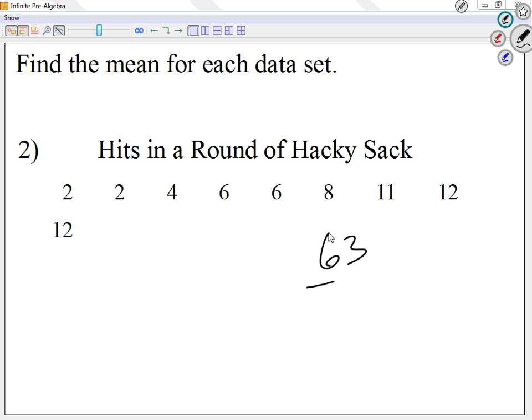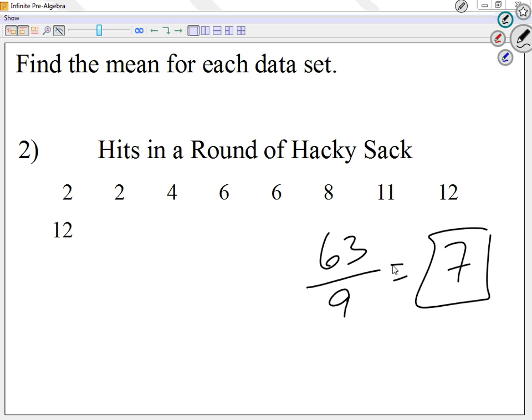It's 63. And I'm going to divide by how many numbers I have: 2, 3, 4, 5, 6, 7, 8, 9. So 63 divided by 9 gives me 7. Do keep in mind that some of them might be decimals. Like number 1 was a decimal, so some of them might be decimals.